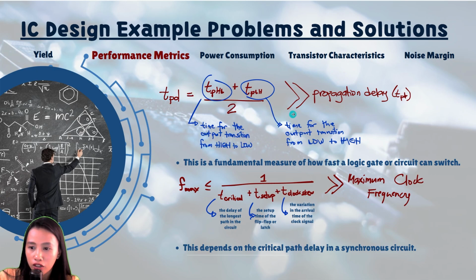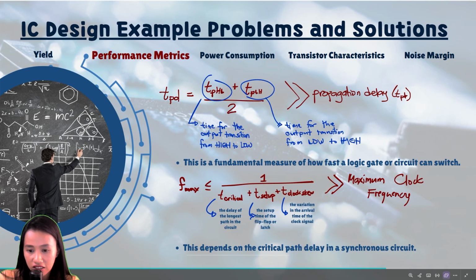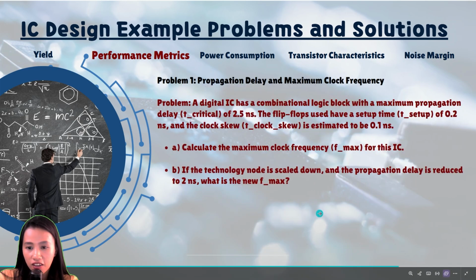For example, the total propagation delay that you have is the sum or the average of the sum of the output transition from high to low na time at saka time for the output transition from low to high. So may mga ganitong klaseng formula tayo, and we also have here the maximum clock frequency. Ayan, so may mga critical path delay and synchronous circuit tayo.